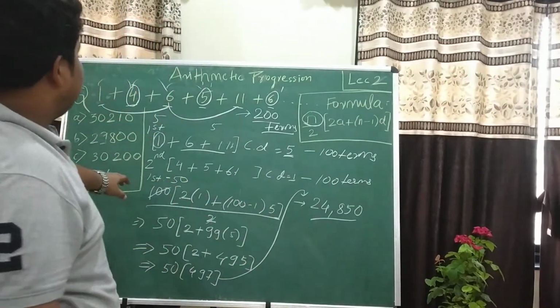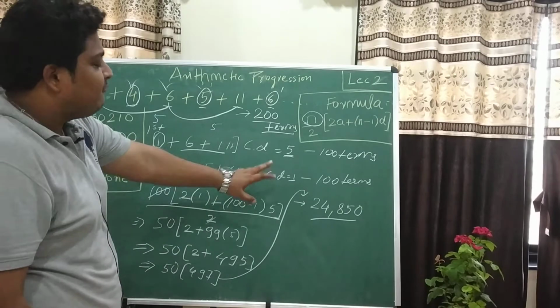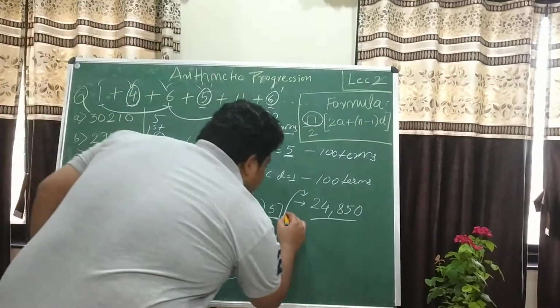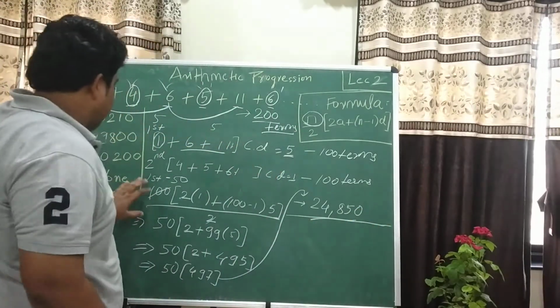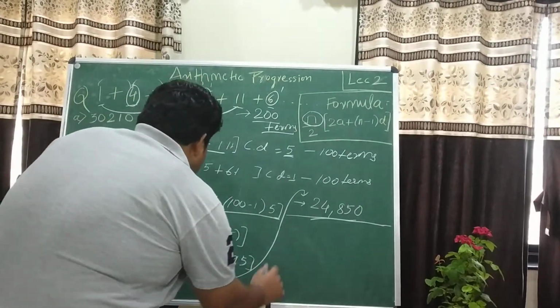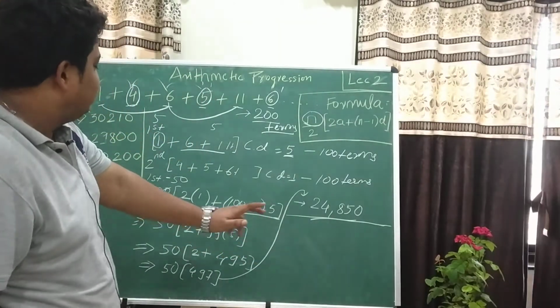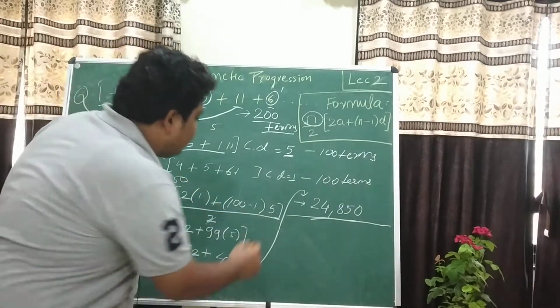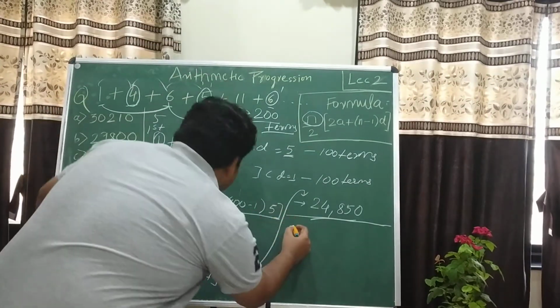Now let's look at the second series with a common difference of 1. Here the only change is that 5 becomes 1, the common difference will be 1.